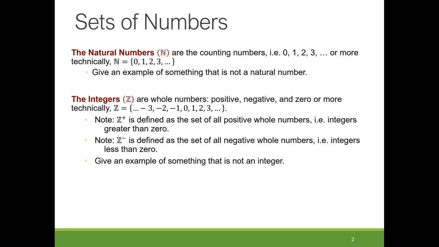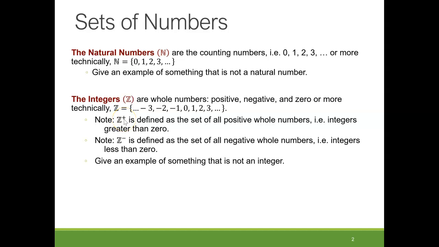The next set we'll talk about are the integers. The symbol we use to abbreviate the set of integers is the Z with the double bar in it. The integers include any negative or positive whole numbers and including 0. Sometimes if we want to talk about just the positive integers, we refer to that as Z plus.